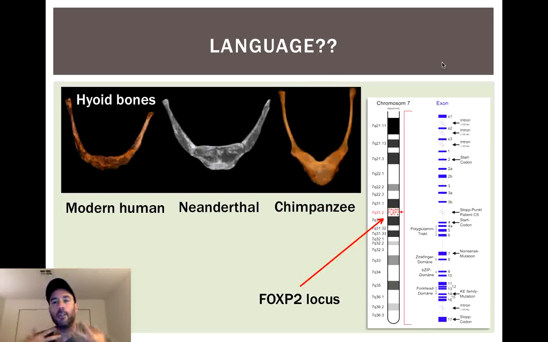It actually is held to the rest of your throat with ligaments and tendons and musculature. So if you compare the modern human and the Neanderthal hyoid, they look quite similar in morphology as compared to the chimpanzee one, which is quite different. And the hypothesis is that the shape of the hyoid and the places where the tendons and muscles attach allows for better control of the tongue and speech.